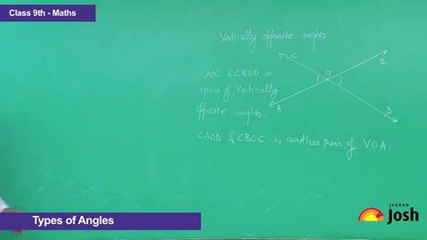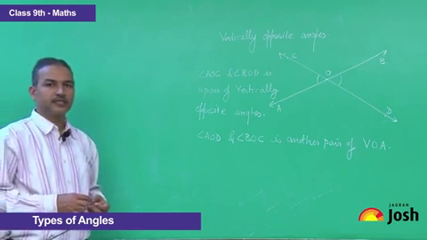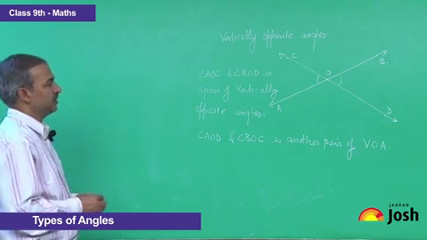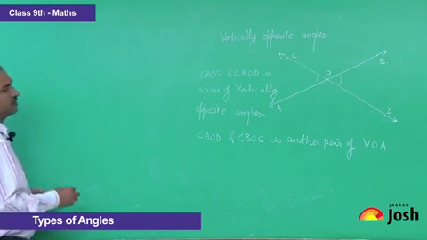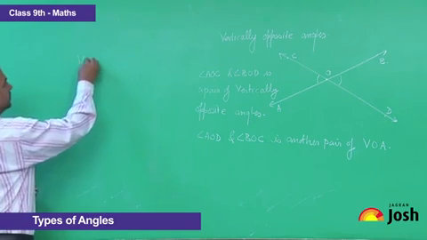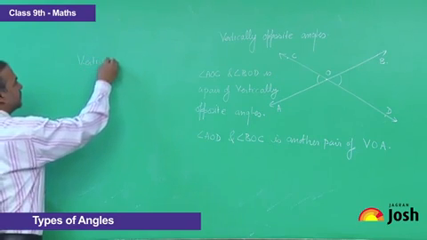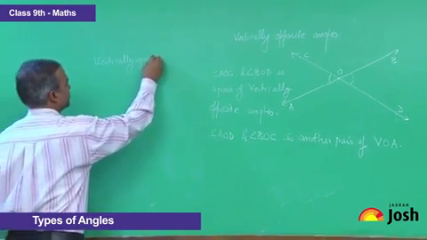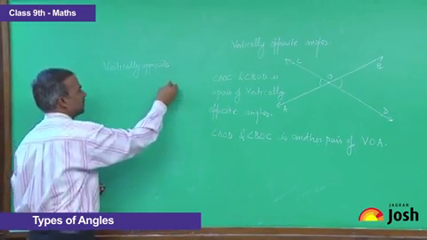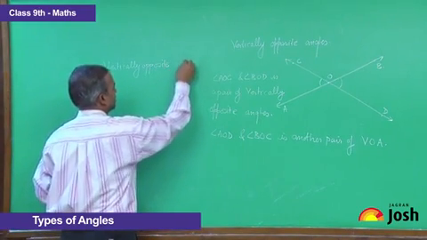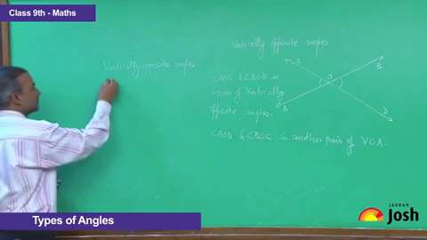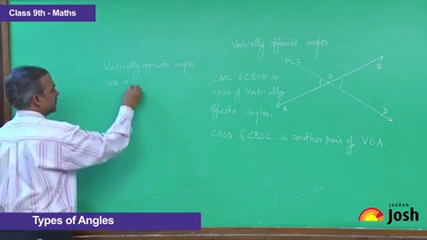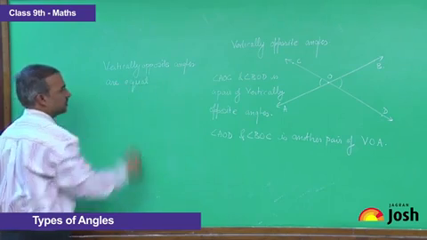And there is a property associated with vertically opposite angles, that vertically opposite angles are always equal. We have a proof for this. Vertically opposite angles are equal.